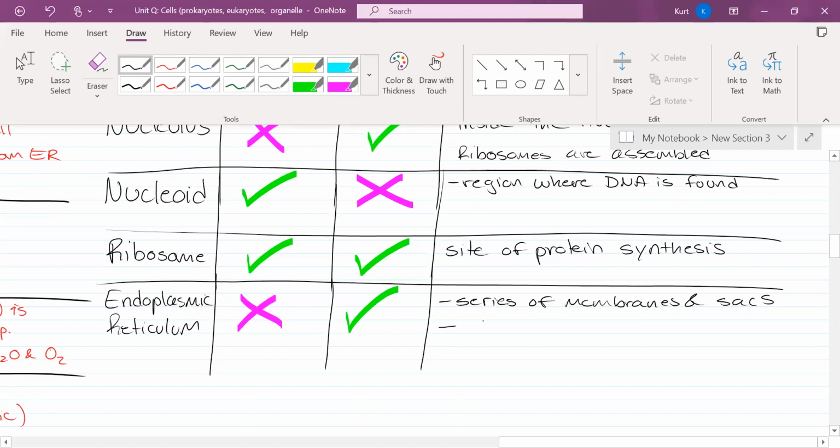There are two types. There's a rough ER. What is a rough ER covered in? They call it rough. It's covered in ribosomes. Because of the ribosomes, the rough ER makes protein, but just by itself, the ER makes lipids. So the rough ER makes proteins and lipids. The smooth ER just makes lipids.